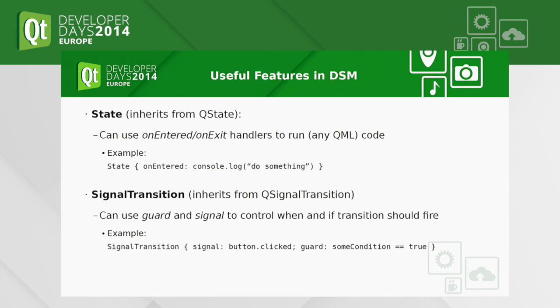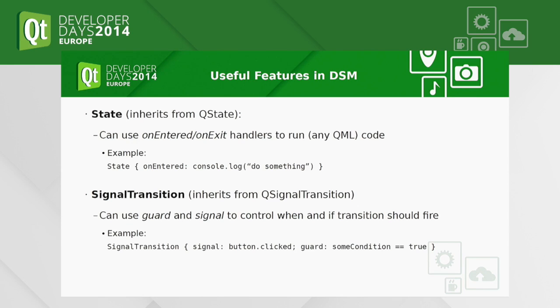Yeah, some special features of DSM. You may know QState already has signals like exited or entered. And then it gets very easy in QML to actually react on these signals by just adding signal handlers as just normal in QML. So you say state onEntered, colon, and then just do what you want. The same is for onExited, of course.